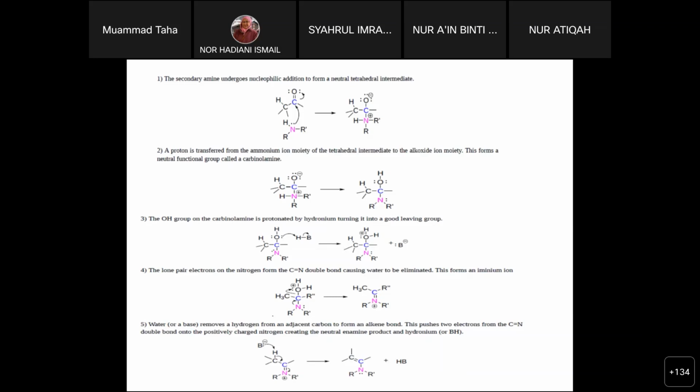The lone pair of nitrogen goes to the carbon-nitrogen bond between them, and then water is eliminated. Then the nitrogen has the positive charge, and the carbon chain gives its proton to the system, and the acid is regenerated. Then it forms this one. Understand this one? Okay, go to the next slide.